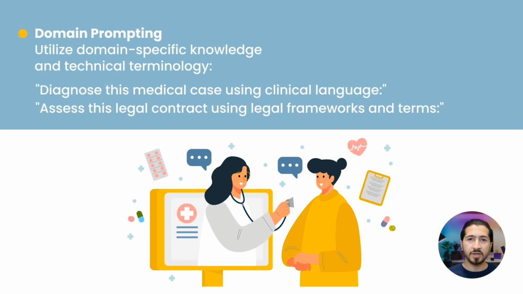There's also domain prompting. It utilizes domain-specific knowledge and technical terminology. For example, diagnose this medical case using clinical language, or assess this legal contract using legal frameworks and terms.